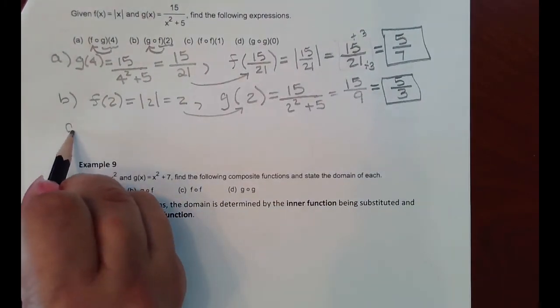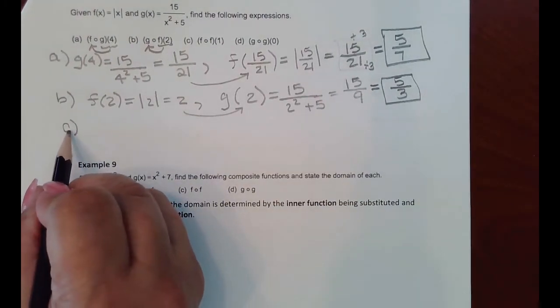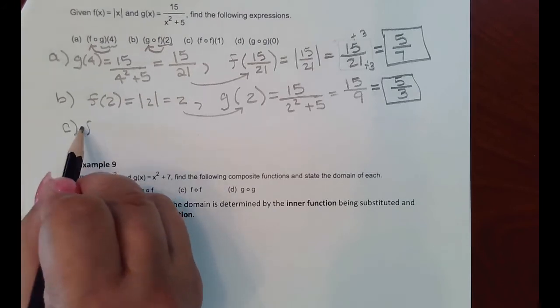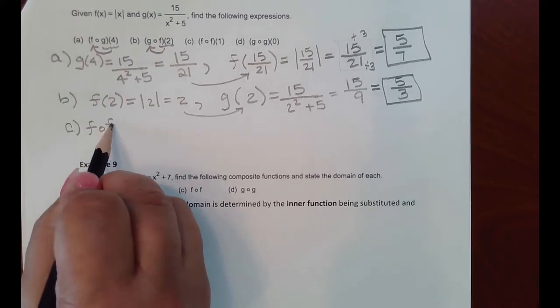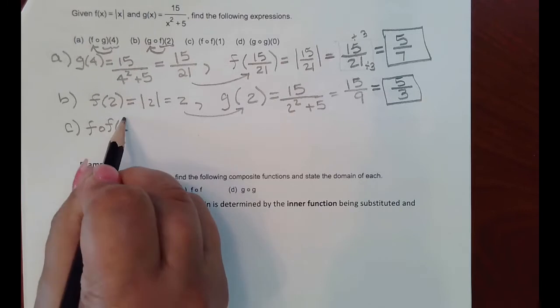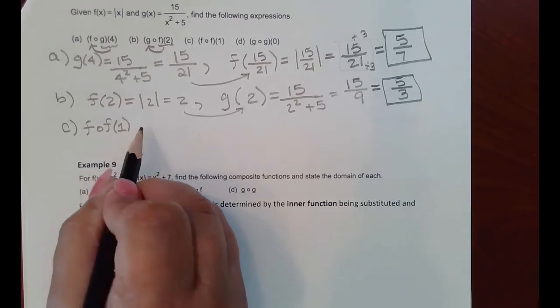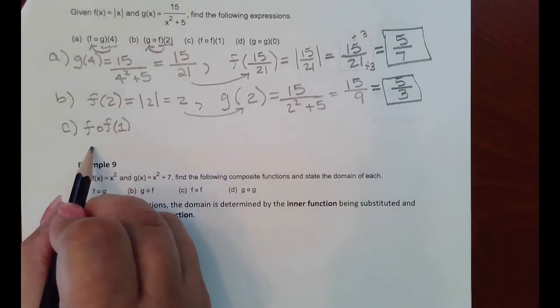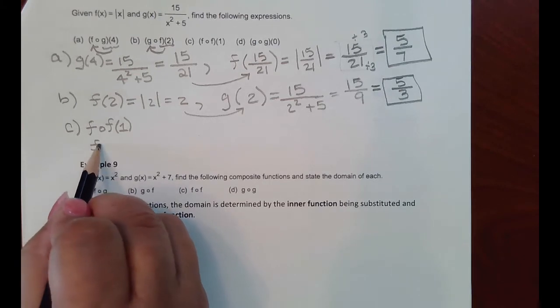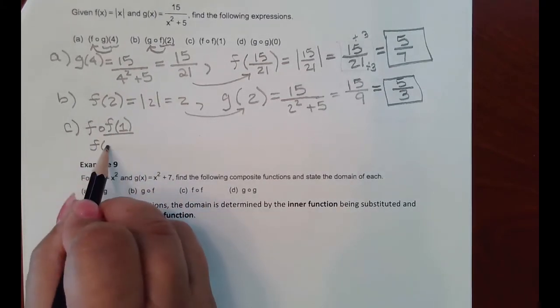Moving to part C. In part C, you're doing f composed of itself at 1. Okay, so just like what I've showed you in these previous problems, you're going to do the inner portion first.